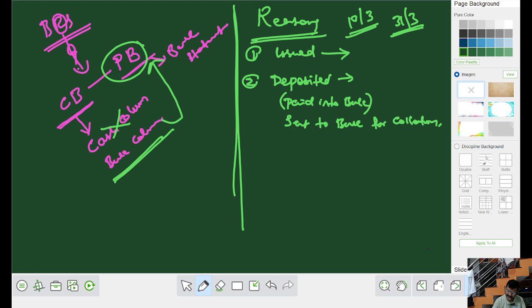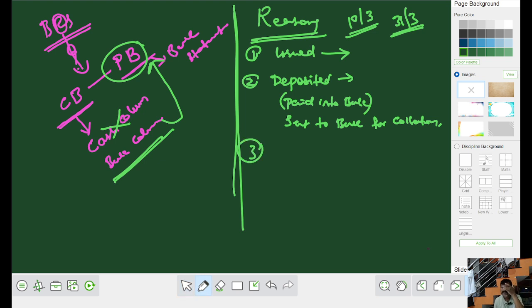You have deposited, paid into bank, or sent the check to the bank for collection on 28th of March, but the banker didn't collect it before 31st March. That is also one of the reasons why the bank balance as per the cash book and passbook does not agree.